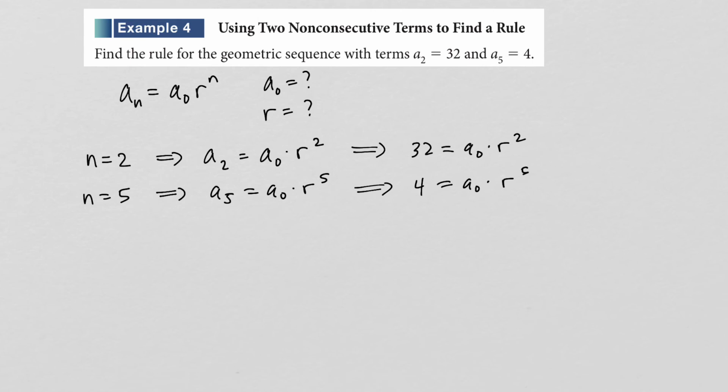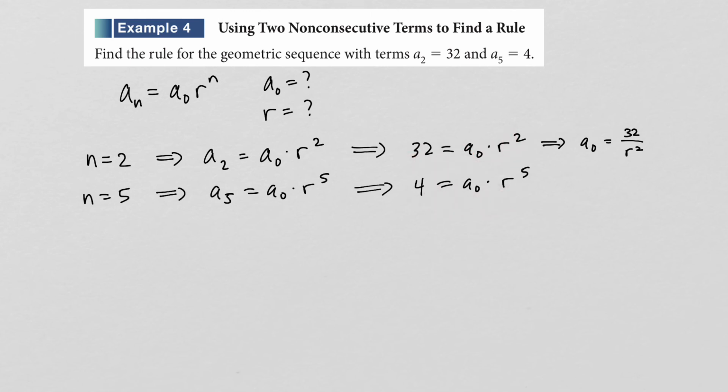And there are a couple of different ways to solve this, but the easiest way, in my opinion, is to just solve for A naught in each one of these. So in this first equation, A naught is going to be 32 divided by R squared, because I need to divide both sides by R squared.